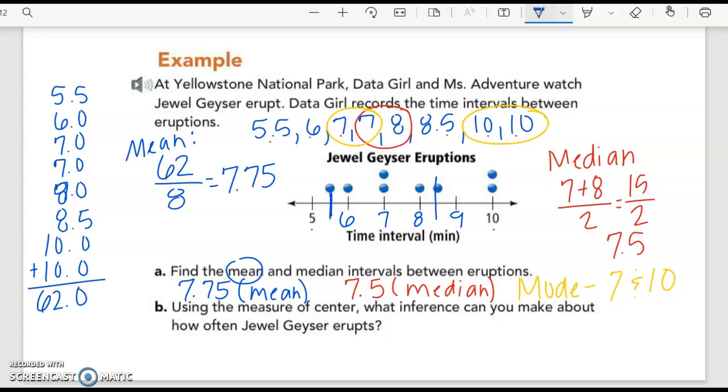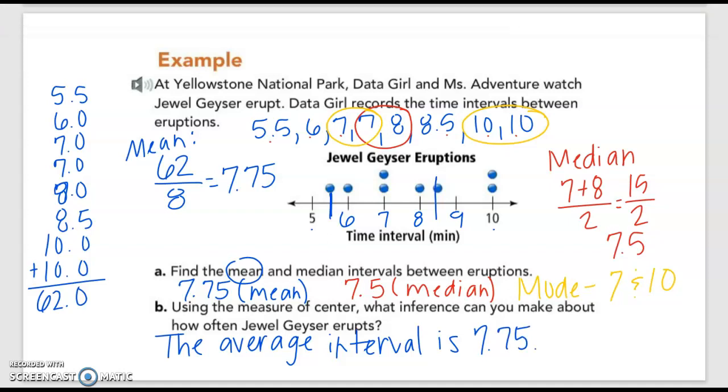Based on this, the inference that I can make is that the average interval is 7 and 75 hundredths, meaning that the geyser erupts about every 7 1/2 or 7 3/4 of a minute.